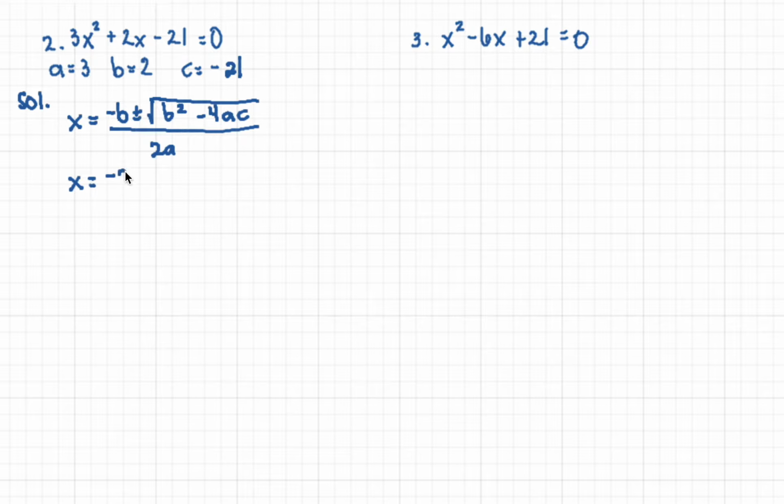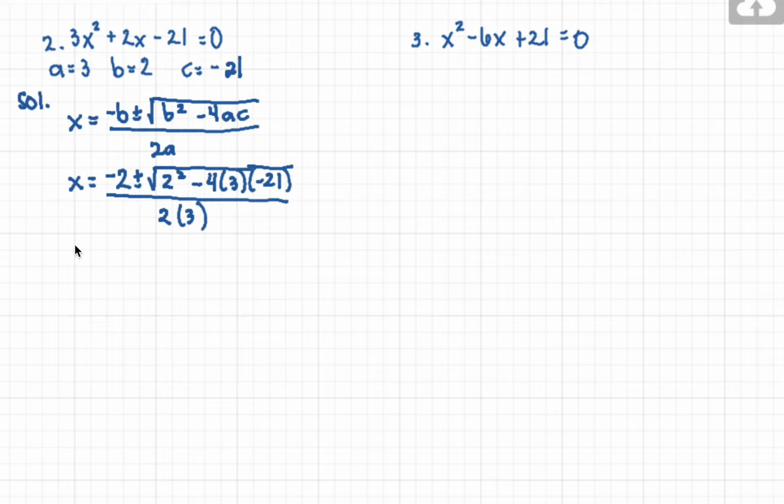So, what's B? We have 2. And then square root, ano yung B ulit? 2 squared minus 4. What's A? 3. And what's C? Negative 21. Okay, so all over 2 times A. Ano si A? We have 3.